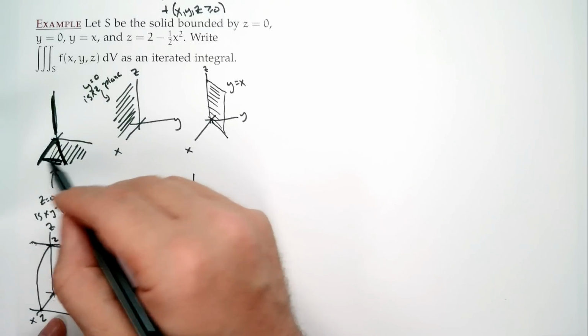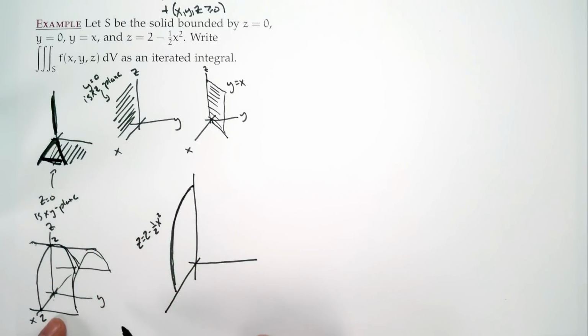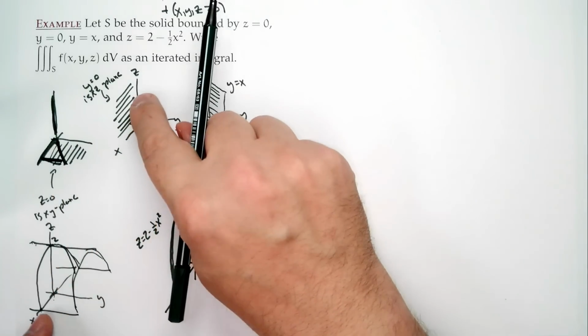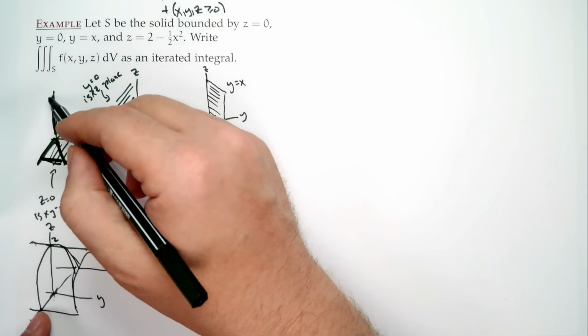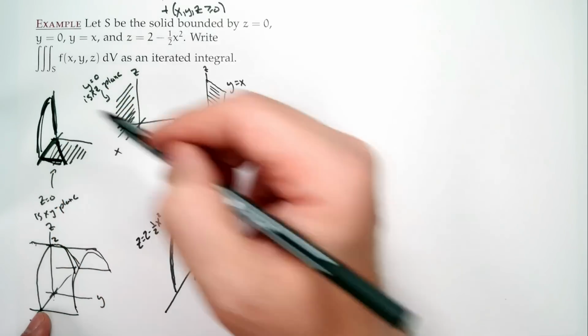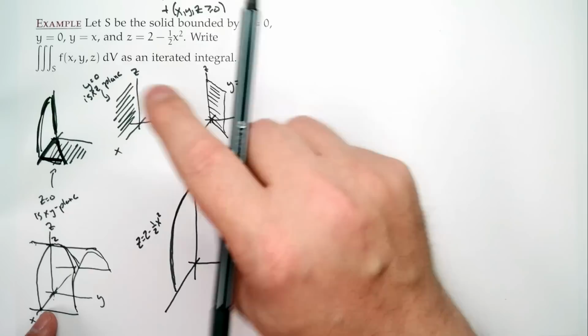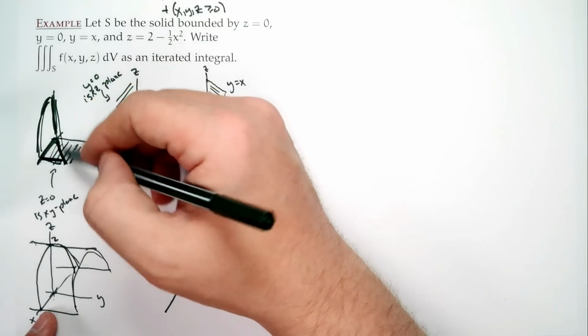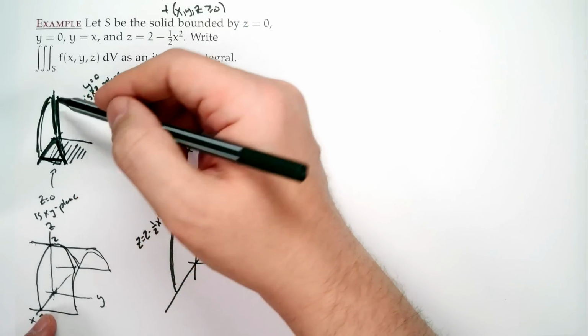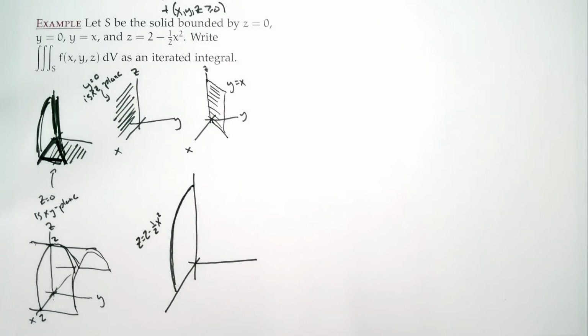Well, they intersect on this stretch right there. Where do these two intersect? The answer is they intersect here. And how about where do these two intersect? And the answer is they intersect there. So if you look at where the surfaces intersect, that tells you what's going on.